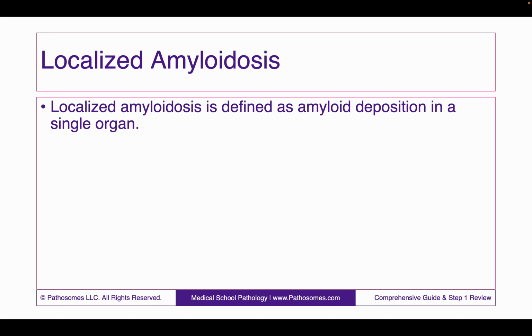The deposition of amyloid may occur localized, right, to one organ, or systemically throughout the body. Localized amyloidosis is defined as amyloid deposition in a single organ.